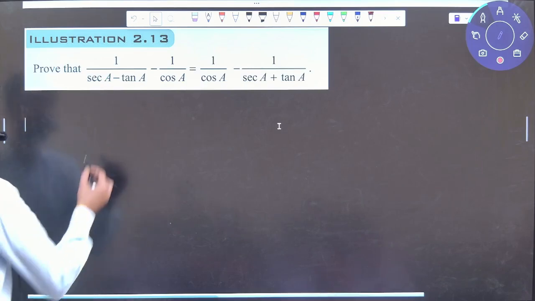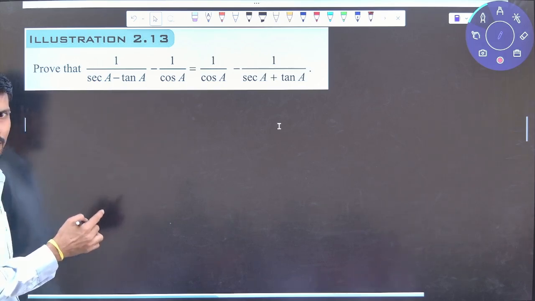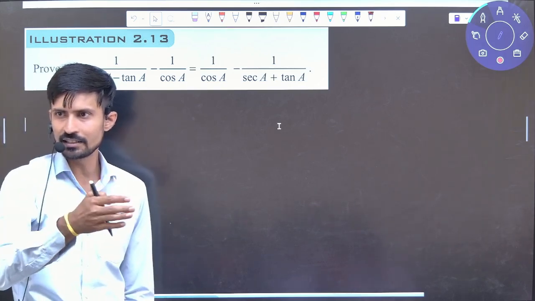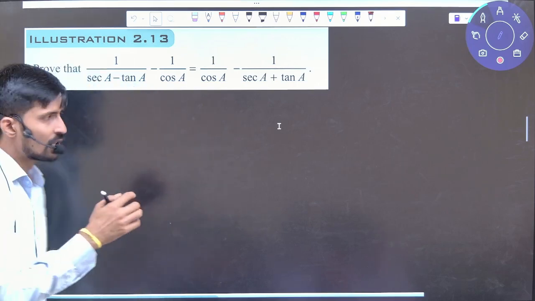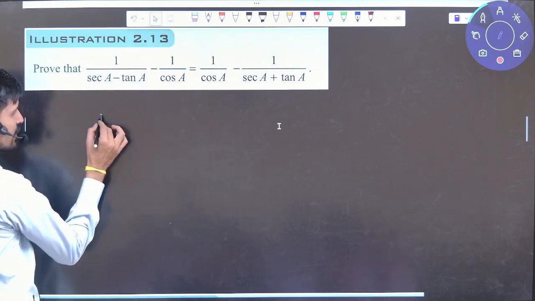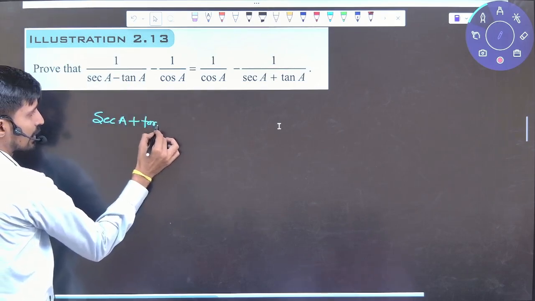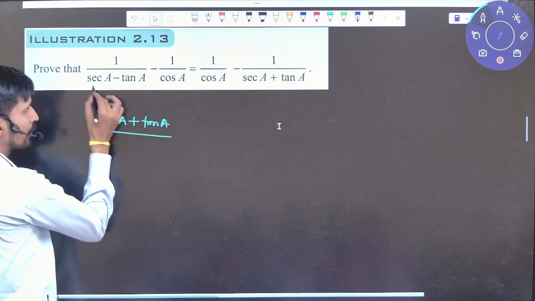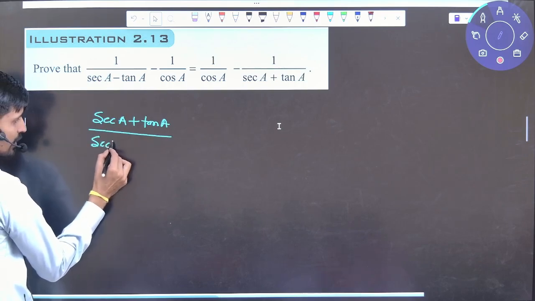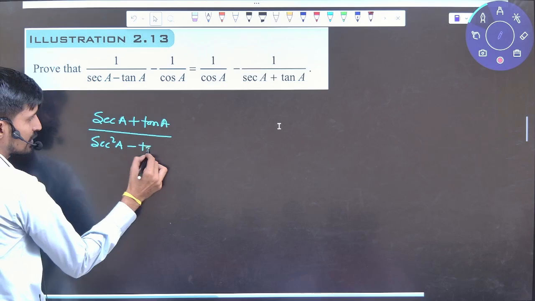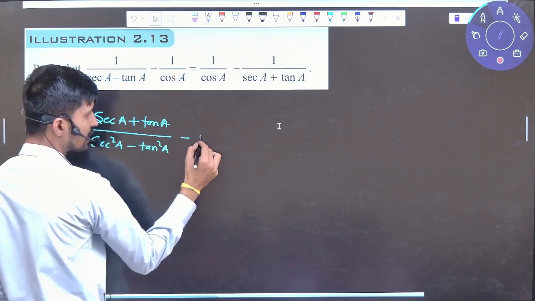See first. Here sec theta minus tan theta is present in the denominator. So I told you, whenever sec theta minus tan theta is present in the denominator, multiply and divide by its opposite sign. So here what will I multiply and divide? Sec A plus tan A. And when we multiply sec A plus tan A in the denominator, that will become sec square A minus tan square A. Can we write 1 upon cos A as sec A?